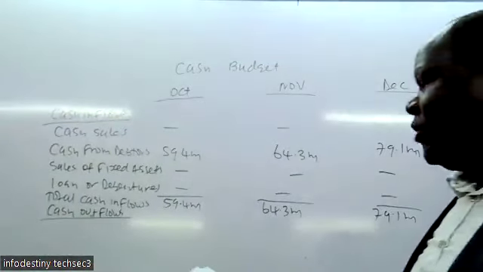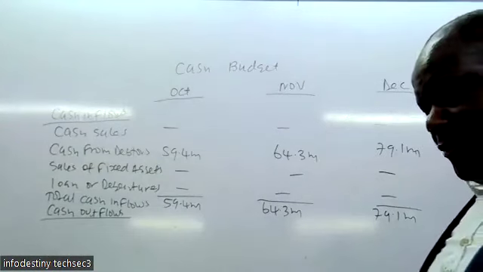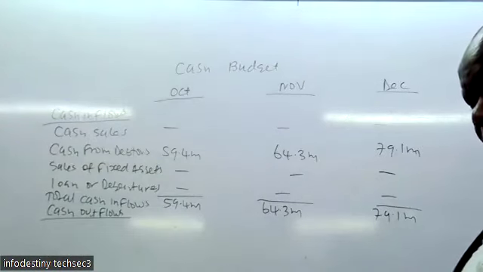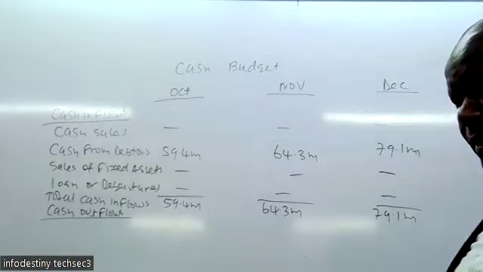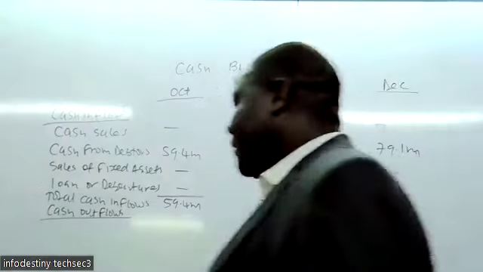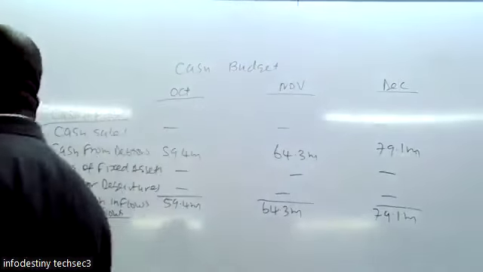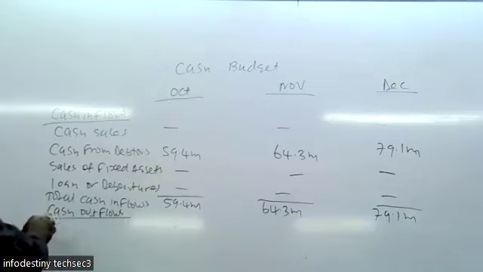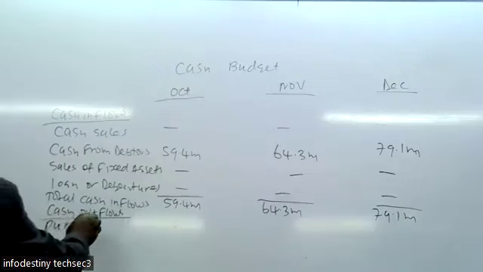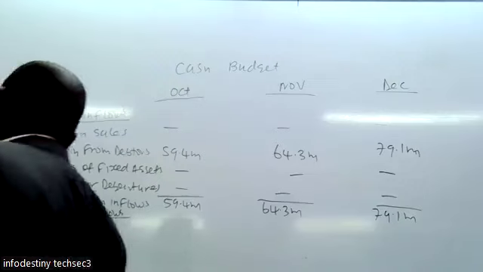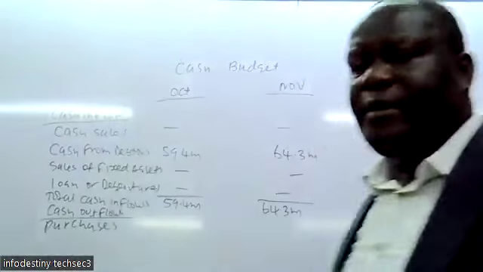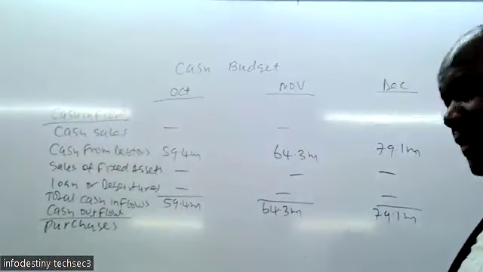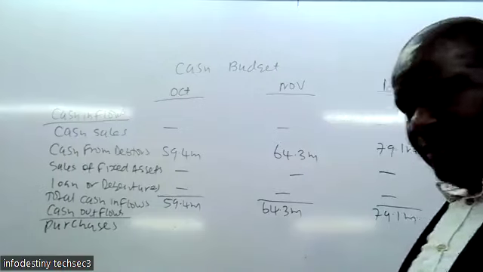So out of the cash outflows, we start with the raw material purchases. Those are the same as your creditors, but we put them there as the purchases. They are saying they pay after 1 month.